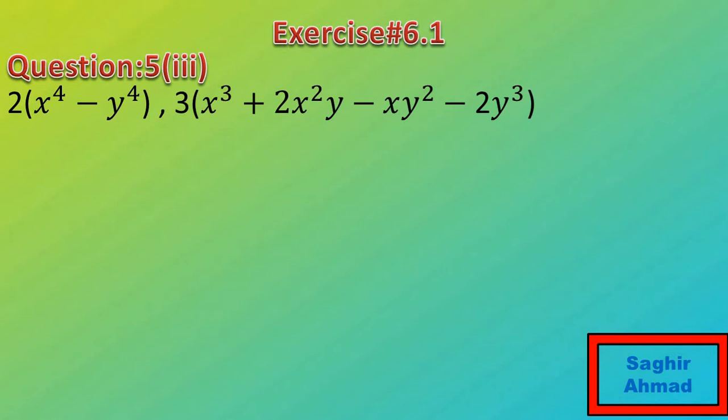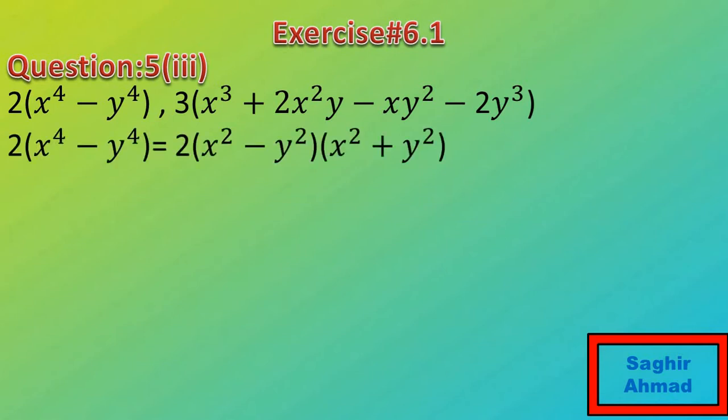So first of all we take 2 into (x^4 − y^4), and you know that you can write x^4 − y^4 as (x^2 − y^2)(x^2 + y^2).